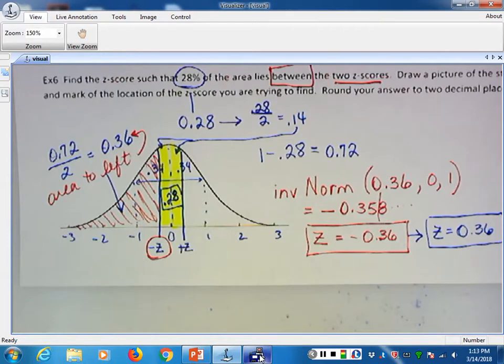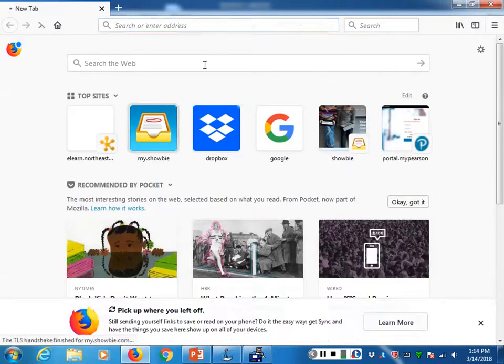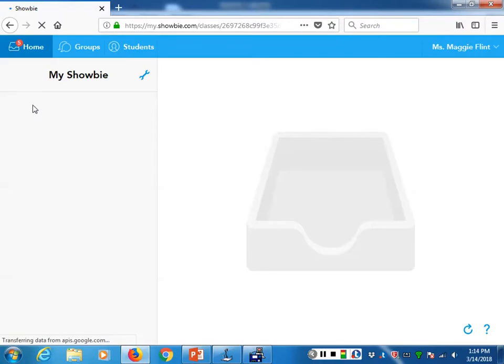Now the examples I did are one example of each of the 3 kinds of ways it can ask you the question. Given the area to the left, given the area to the right, given the area that's in between 2 numbers. Okay? Everything's going to fit one of those templates. What you should do now for your homework is not only work on the My Math Lab homework, part 1.